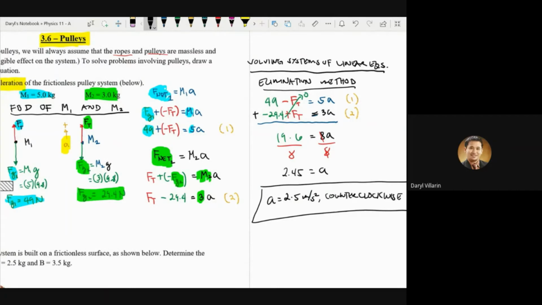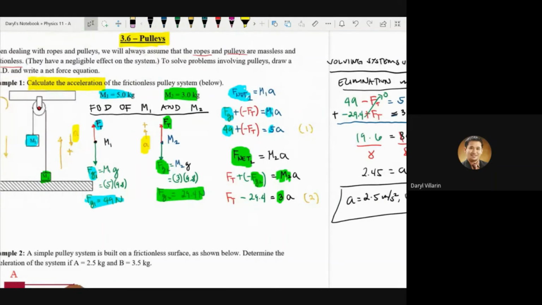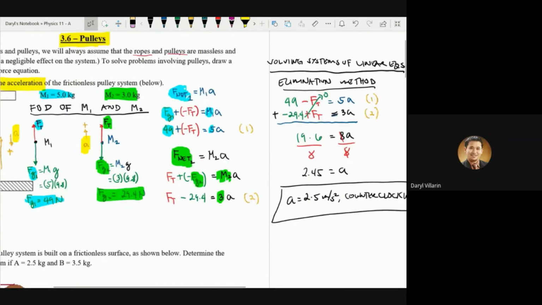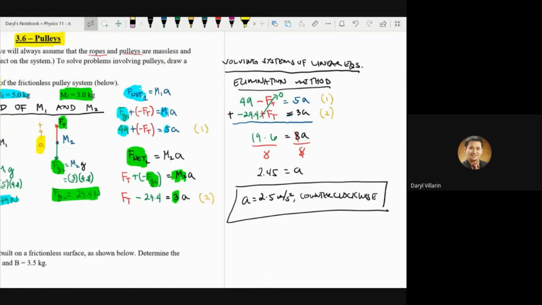And instead of using up or down in this particular case, we just use the term counterclockwise or clockwise, okay? If you can see, the movement of the pulley would be in the counterclockwise direction. So therefore, we use the word counterclockwise for its direction.